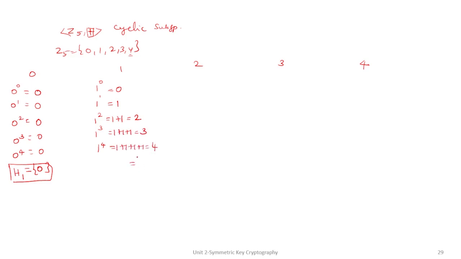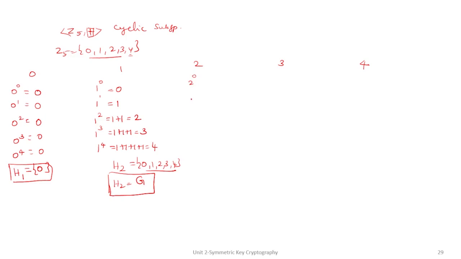So you write the answers in a set: 0, 1, 2, 3, 4. You just check it: the answer of Z5 and the resultant values are the same. So this is the H2 group. H2 is a subgroup which contains the same elements as the group, so we can write H2 equal to G.